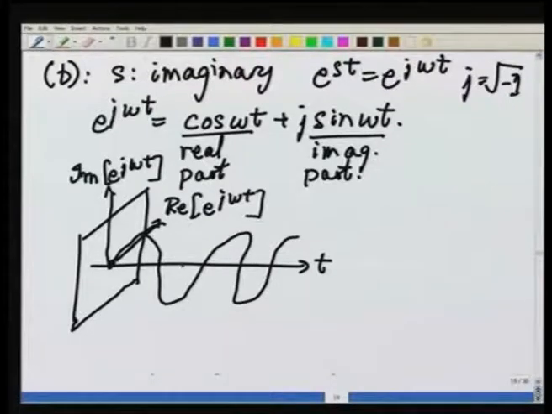It goes to 0 by the time omega t reaches pi, and it goes to minus 1 by the time omega t equals 3 pi by 2. It again goes to 0 by the time omega t goes to 2 pi. So, this point corresponds to this, and this corresponds to this.